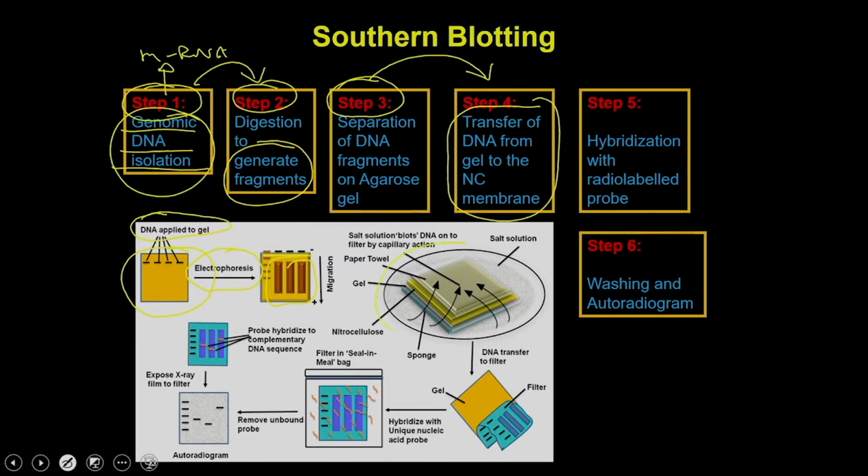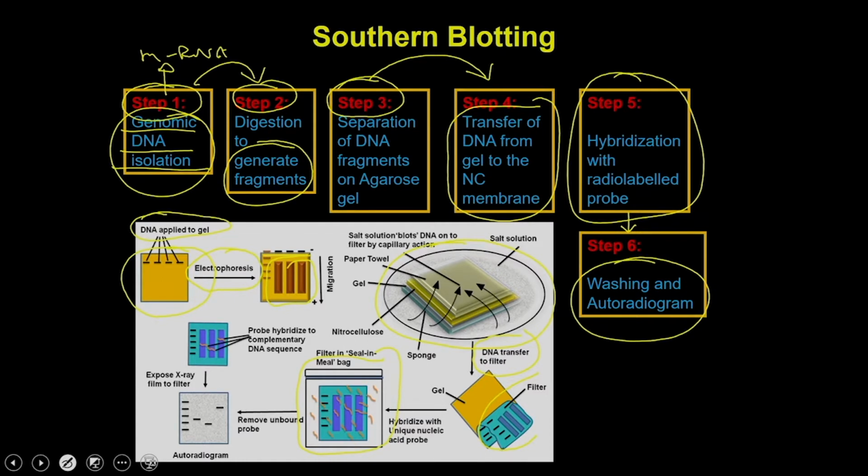In this case also you are going to use capillary action to transfer the DNA present on the gel to the nitrocellulose membrane. And now, in step 5 you are going to incubate the DNA that has been blotted onto the membrane with the radiolabeled probe, and then in step 6 you are going to do the washing as well as the development of the autoradiogram.